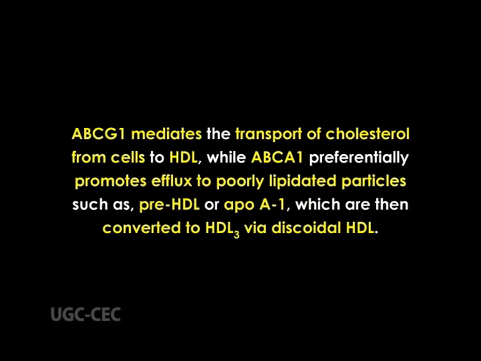ABCG1 mediates the transport of cholesterol from cells to HDL, while ABCA1 preferentially promotes efflux to poorly lipidated particles such as pre-HDL or ApoA1, which are then converted to HDL3 via discoidal HDL. Pre-HDL is the most potent form of HDL, inducing cholesterol efflux from the tissues.